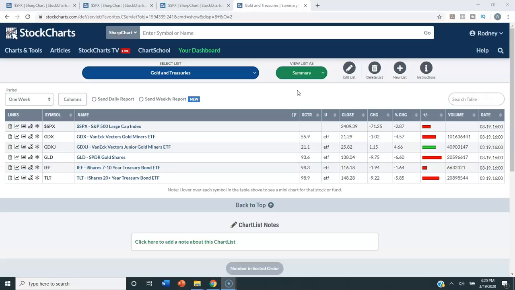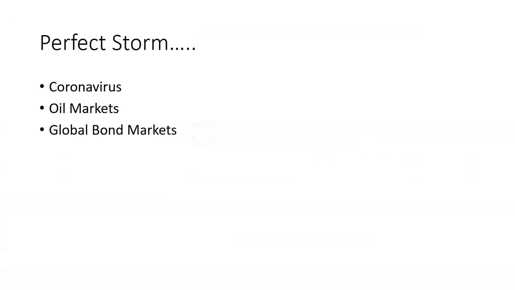But in the aggregate, what I'm worried about is the massive amount of debt that's on governments around the world, and the fact that in a lot of cases these bonds are trading at negative yields, which absolutely makes no sense to me. So what we're dealing with here is the perfect storm.